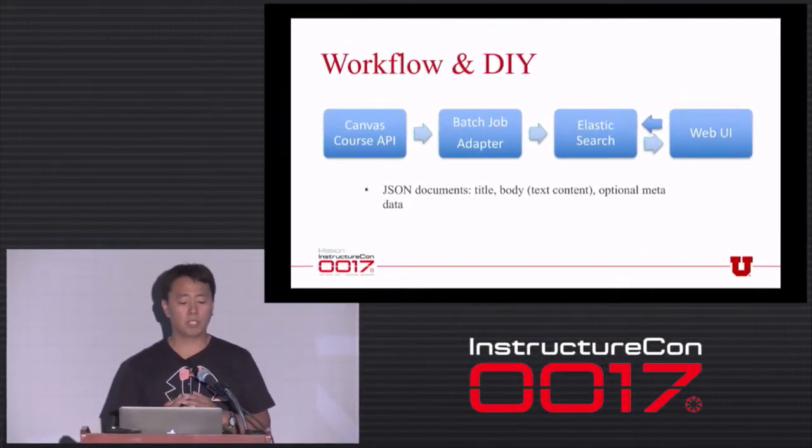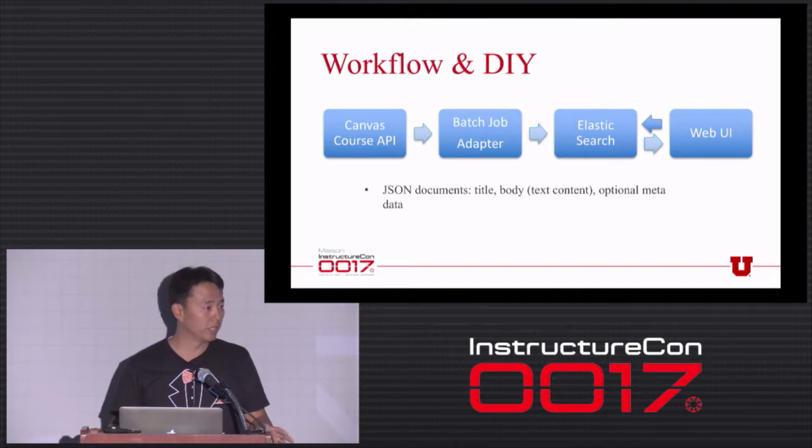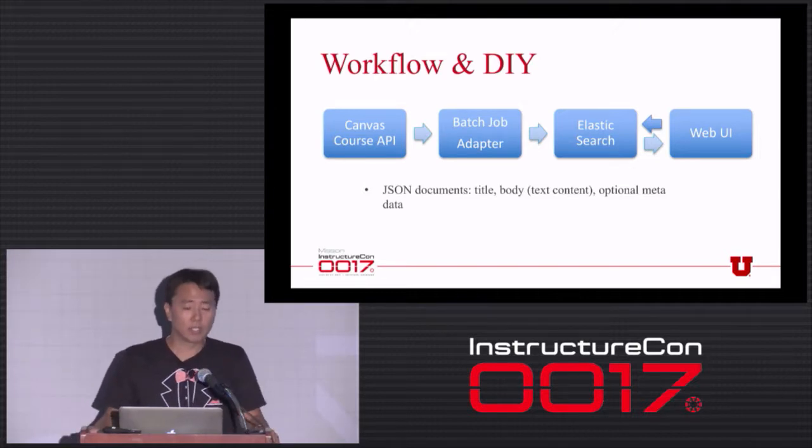So this is just the basic idea of how we build this project. A lot of people already know about the Canvas API. Since this is not going to be built in the Canvas app, we have to rely on the Canvas API, pretty much.